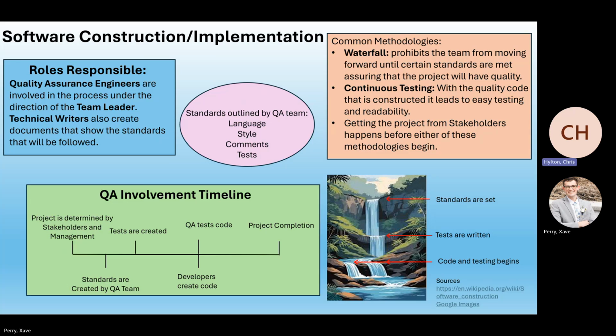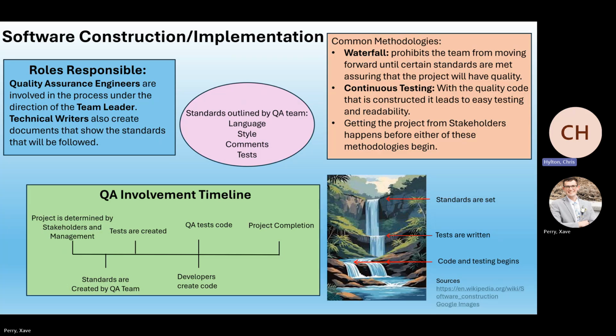First one is waterfall. The way that waterfall can be applied to this phase is you just go one step at a time, and the next step does not start until the current one that you're at is completed.